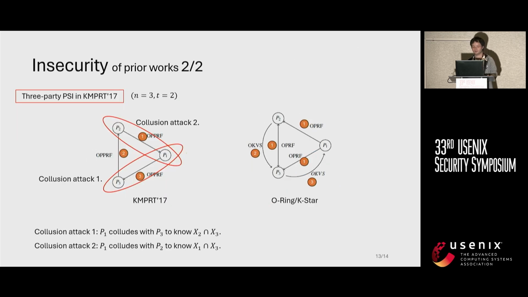Then in KMPRT, there was a specially proposed three-party mPSI protocol, but that protocol also has a similar issue. Here our protocol is secure, because each party is a common OPRF sender.